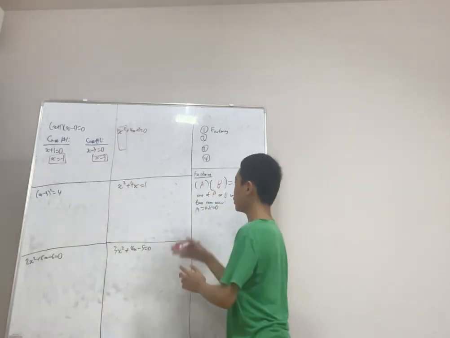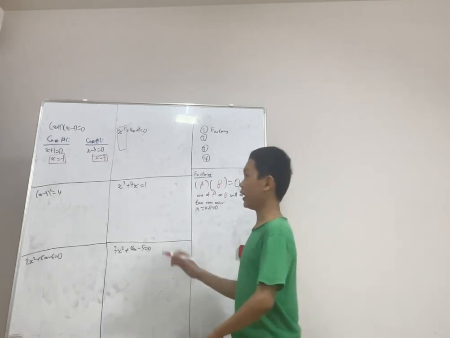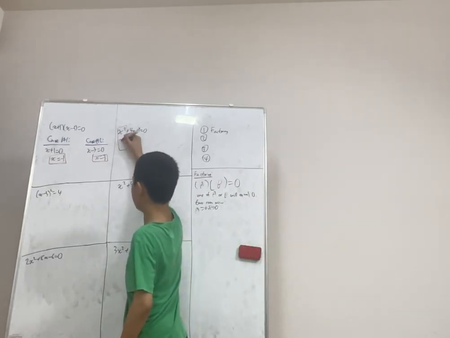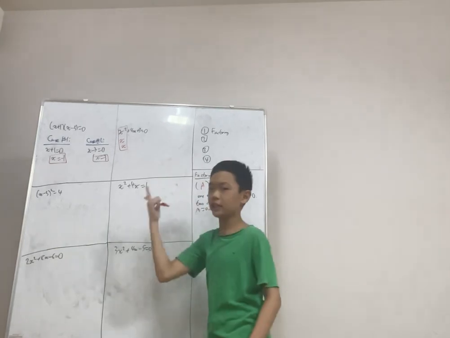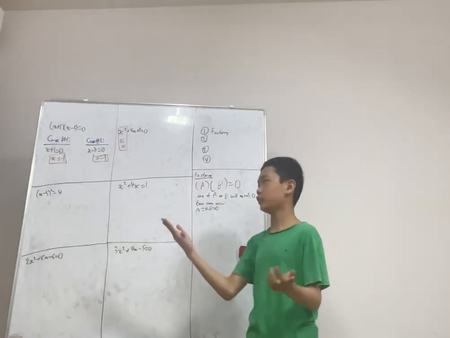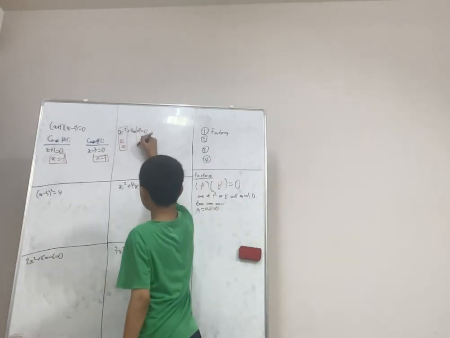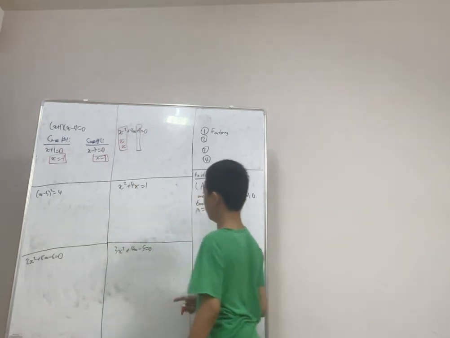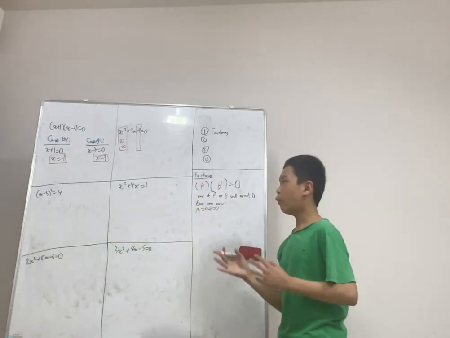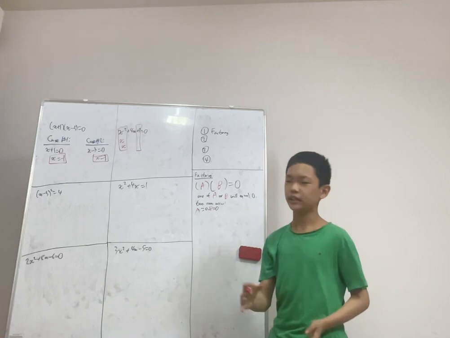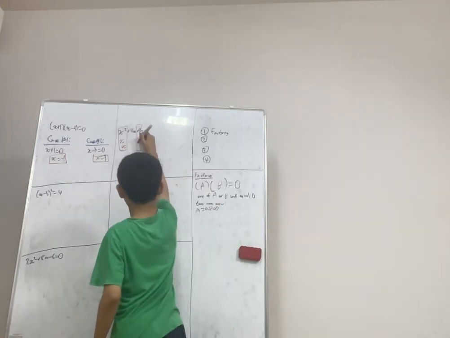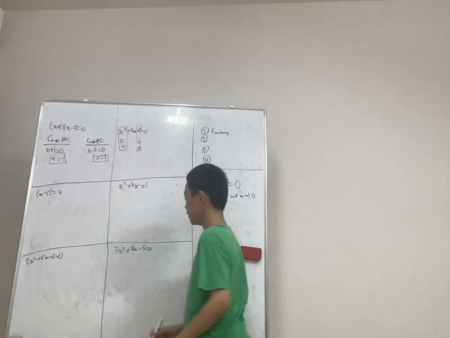What times what will give you x squared in terms of x? Well, in this case, the obvious option is x times x, because x times itself equals x squared. And then let's look at only the positive 3 term. If we have positive 3, what times what will give us positive 3? Well, in this case, positive 1 and positive 3.